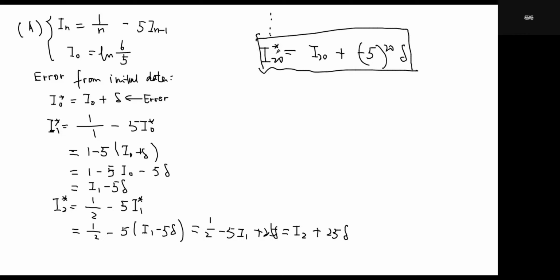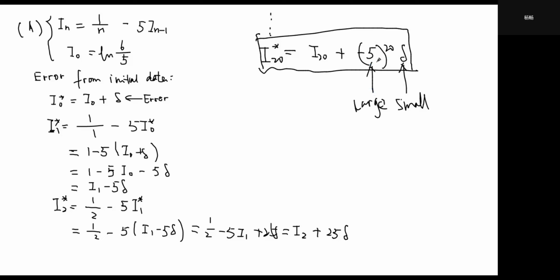Here I_20 star is the approximation of I_20, and I_20 is the exact value. This is what we want to get, and this is the error. You will see this is the initial error, so this is small, very small. However, this is the factor, and it is very large.